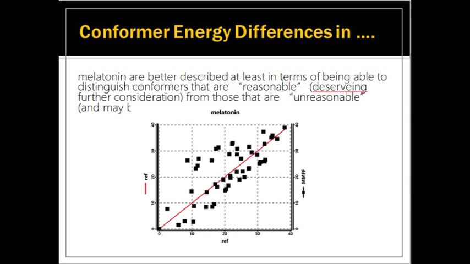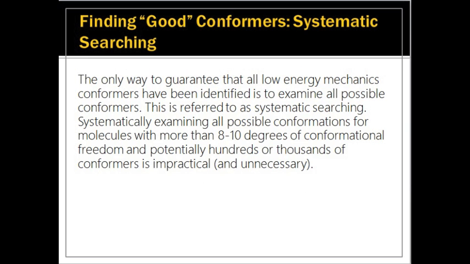There is a reason to try to develop better methods. But let me just make a comment. When you do a conformational search, there are two possible objectives. If you want to find a Boltzmann distribution, all the good ones, you have to do a systematic search. You have really no choice. The alternative is if you want to only find the best conformer.